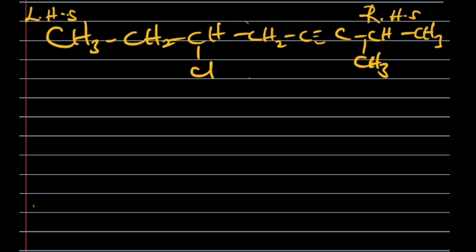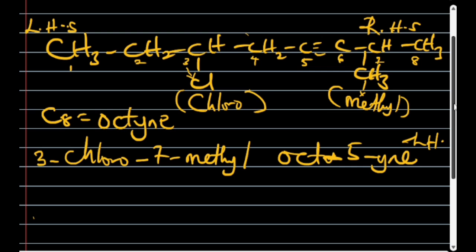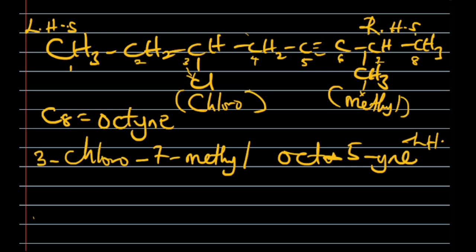So this is from the left hand side. Please don't forget the left hand side naming. So let's consider the naming from the right hand side now. We have 1, 2, 3, 4, 5, 6, 7, 8.